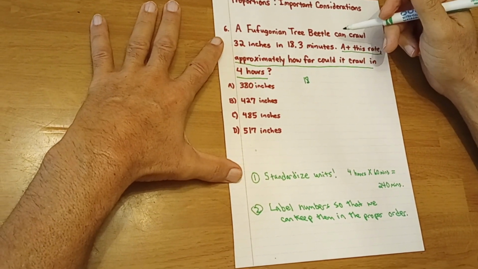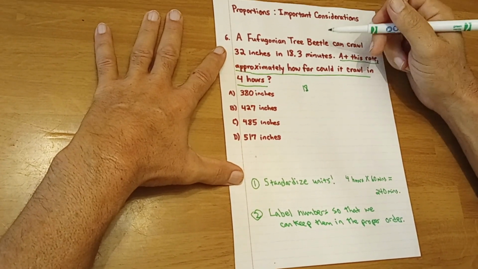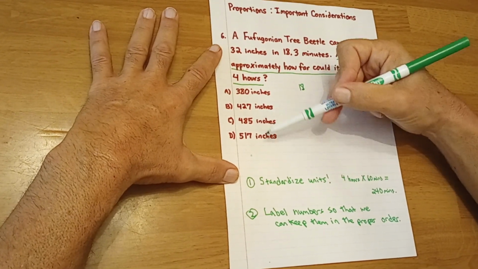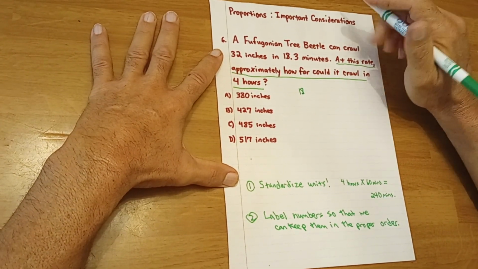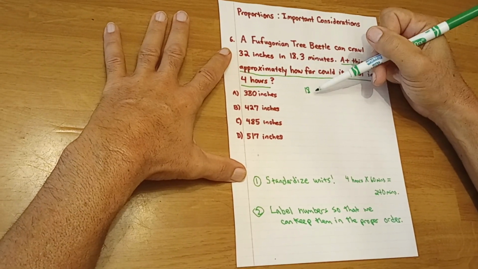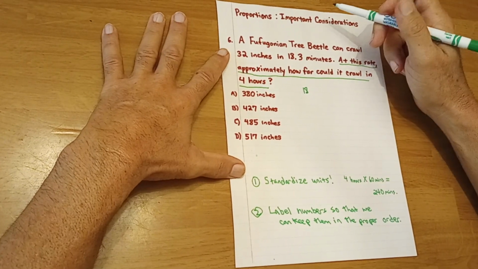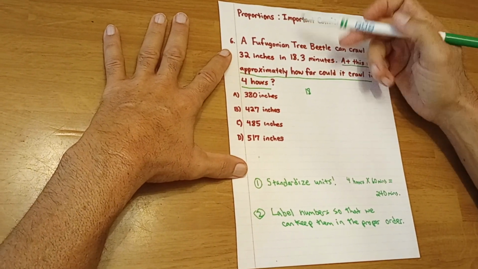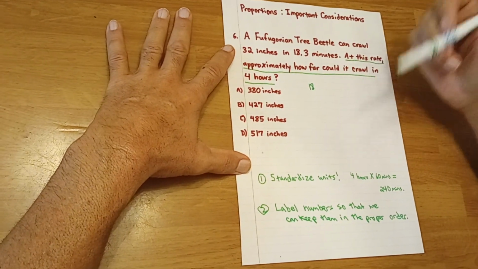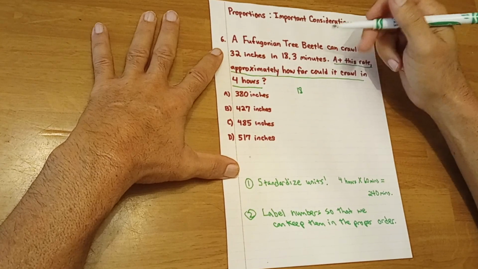I'm going to round that to 18 because as I look at the answers, they differ by quite a bit, so I don't believe rounding 18.3 to 18 is going to cause a problem. If the answer choices were something like 423, 425, 427, then I wouldn't have as much freedom to round off. But here I think I can do that.